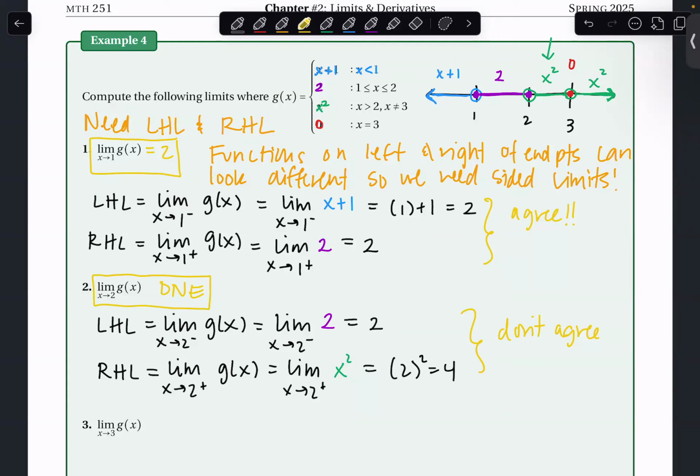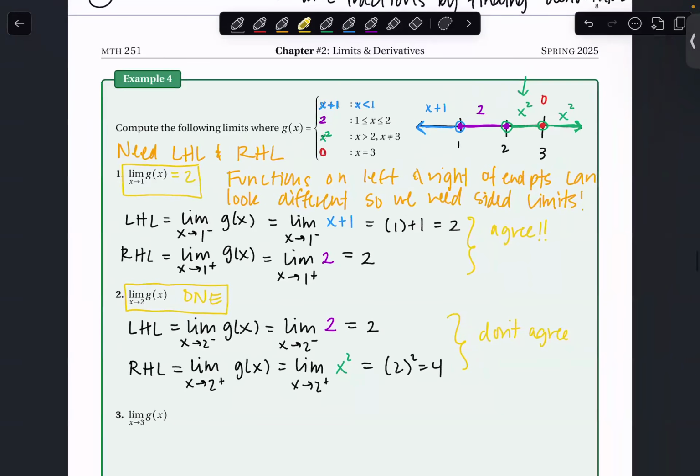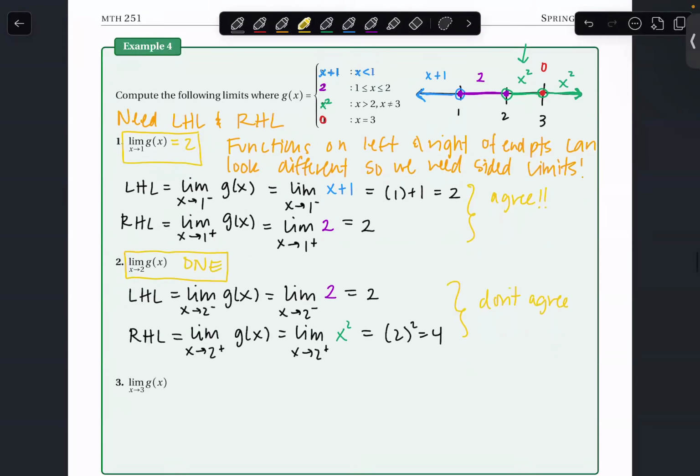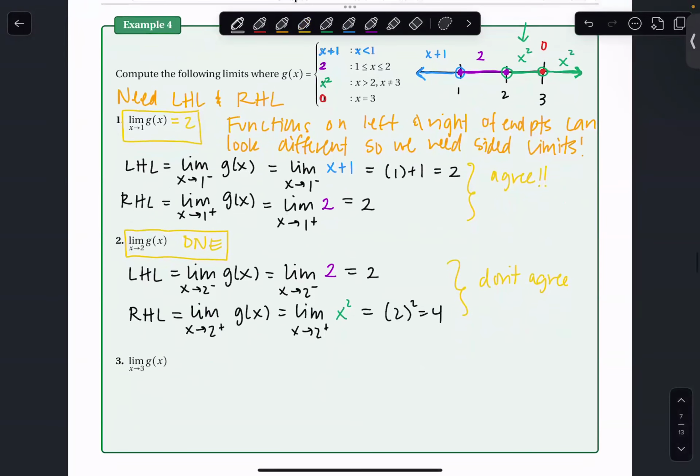Okay, questions on this one? Okay, let's think about as x approaches 3. What should we do here? Something that says x equals 3, but it's not exactly.